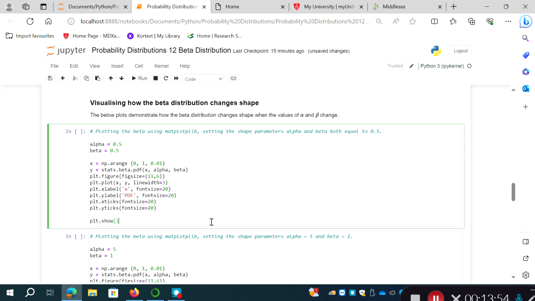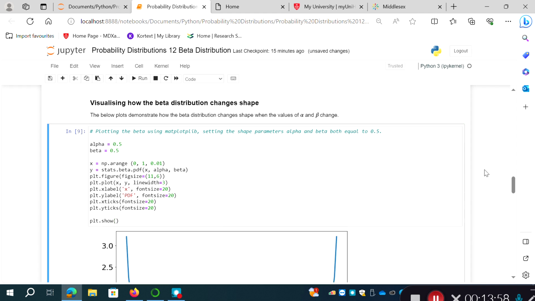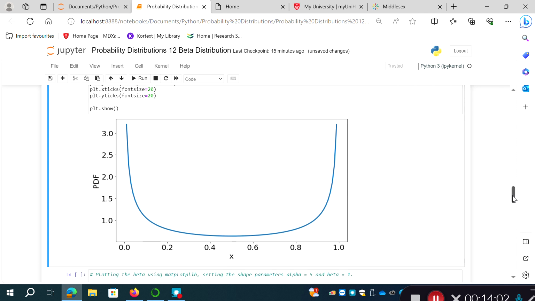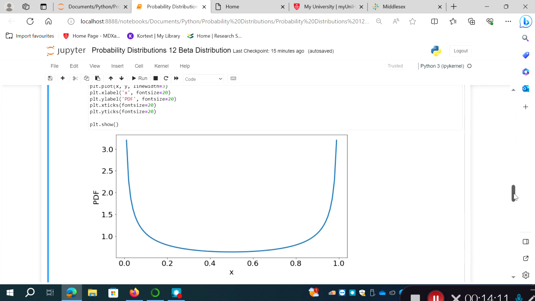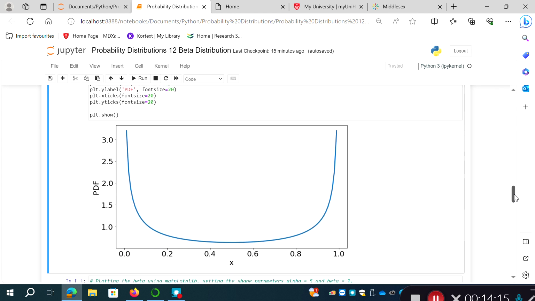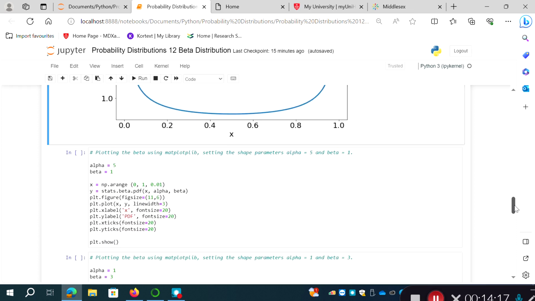Remember, they've got to be greater than 0, and they're the same. What we see is this U-shaped bowl, with the PDF plotted on the y-axis. That's the shape of the beta distribution when alpha and beta are both set to 0.5.